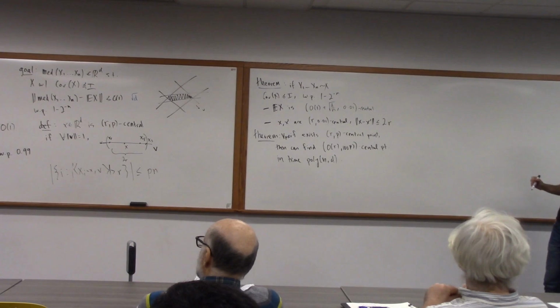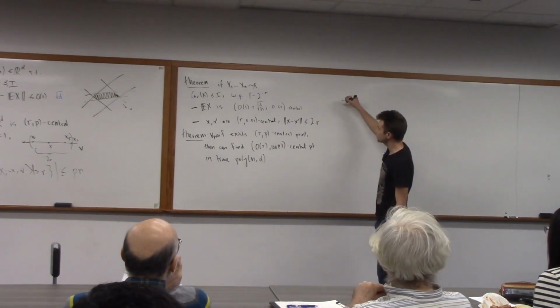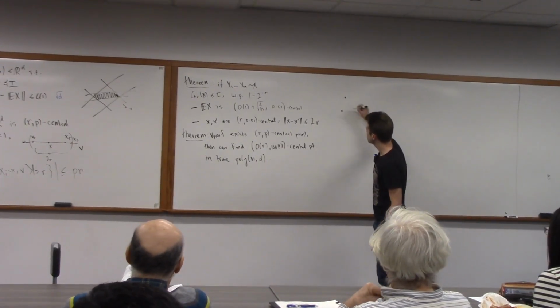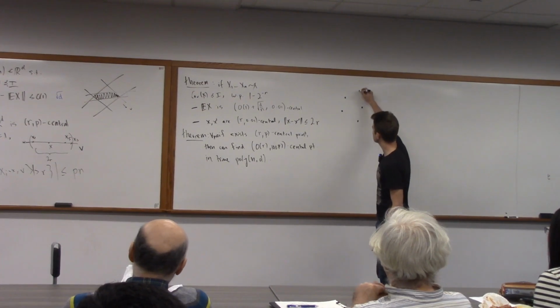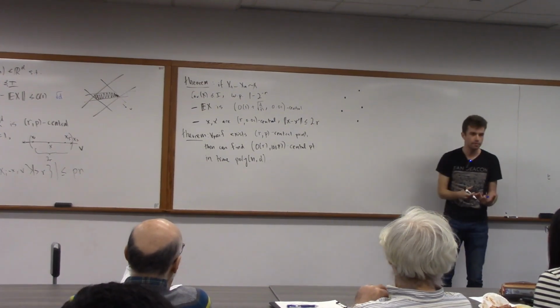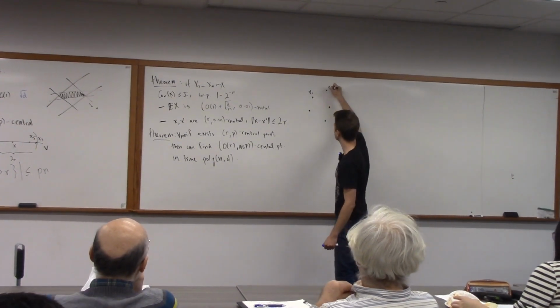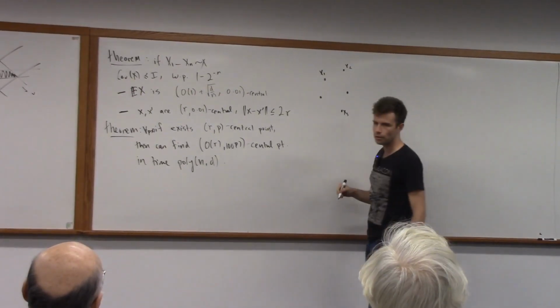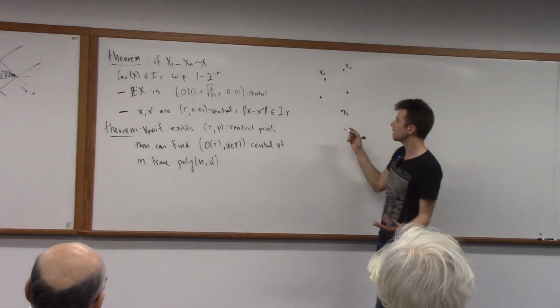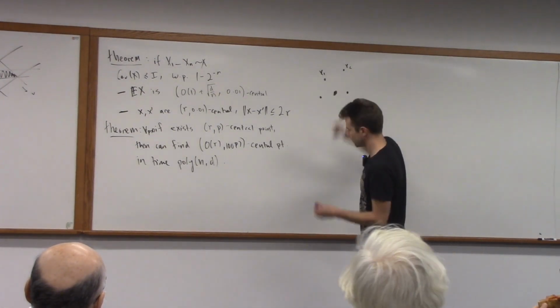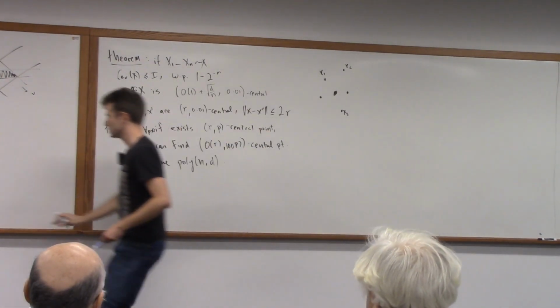The idea is that we're going to try to form a series of iterates. We're going to start at some guess of a starting point. Here's my data, my points x1, x2, x3, and so forth. And I know that there exists an RP central point. In fact, maybe put it in a different color.